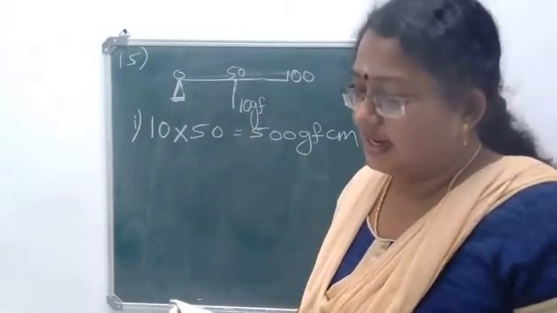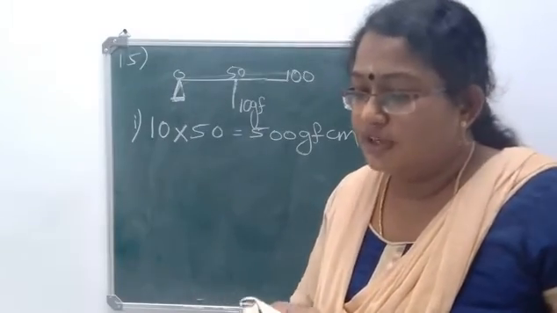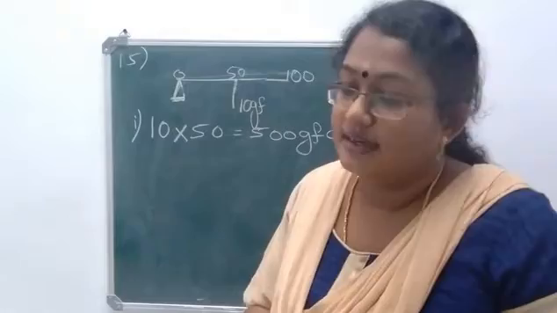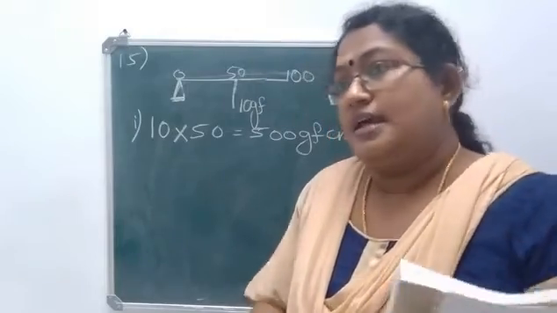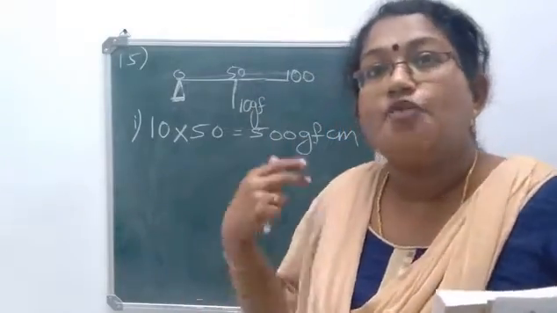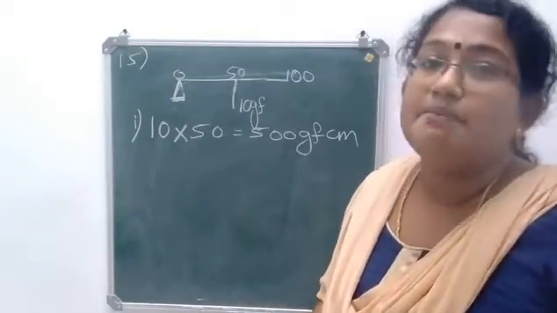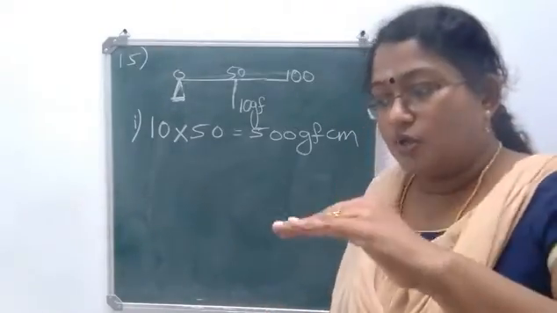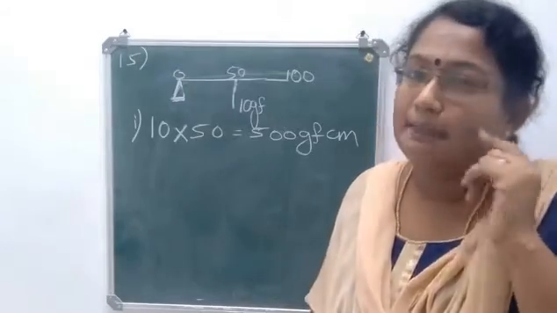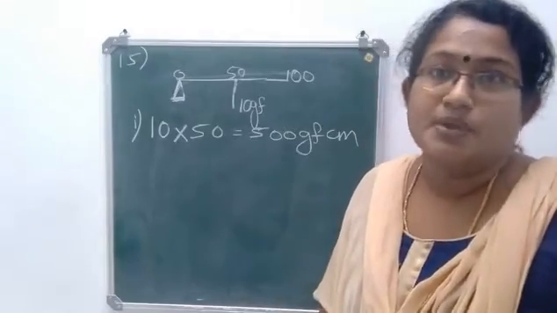Now the next one. How can it be made horizontal by applying a least force? This side now we have to raise. How to balance it by applying the least force?